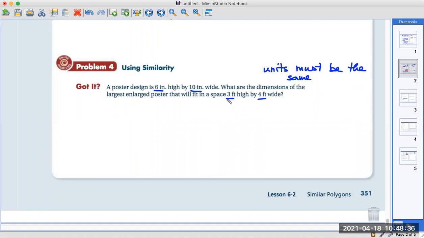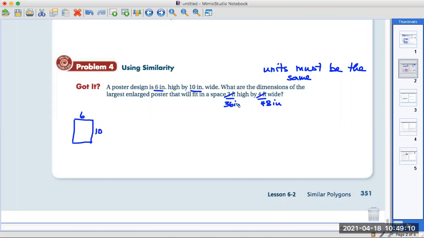So 3 feet, there's 12 inches per foot. So that's 3 times 12. So that's 36 inches. 4 times 12 is 48 inches. Do you see? So I'm not using feet, I'm using inches. So I like drawing me a picture. So the poster design, the design is smaller, and it's 10 by 6, right?